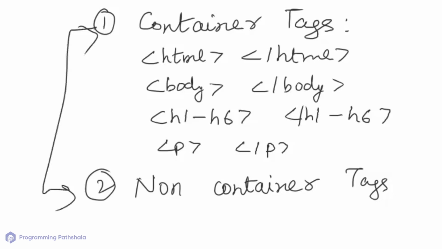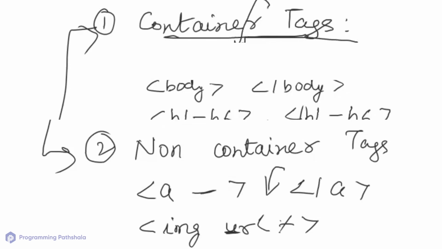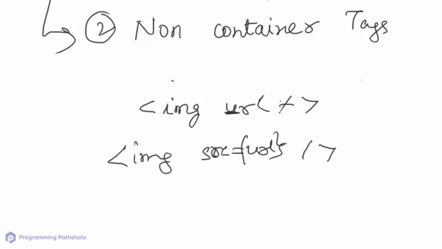When we go for container tags, we generally have a separate opening and a separate closing because we generally want to put something inside it. But when we go to a non-container way of representation, we can shorten the tag and simply put it like this. Let's say I just give out its URL. So what I'm exactly doing here is saying it opens and closes here itself.